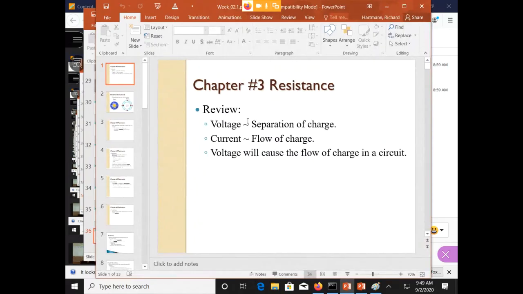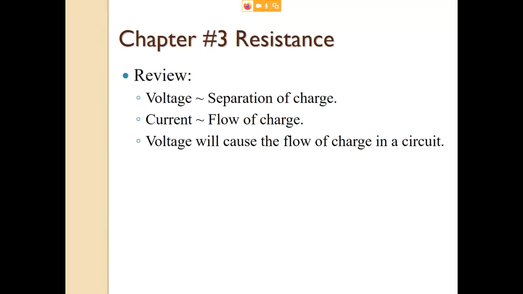Okay, and we already kind of discussed here how voltage is a separation of charge. So if we can pull off those electrons and hold them over here and keep the electrons over here, and then we have a bunch of positively charged nucleus, or they're actually atoms because they do have the other electrons in them.